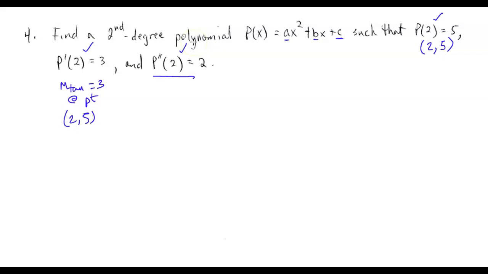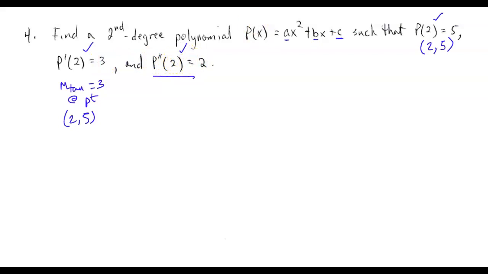That's another way you can think about this. Now let's figure out what P of 2 equals 5 looks like, P prime of 2 equals 3, and P double prime of 2 equals 2.